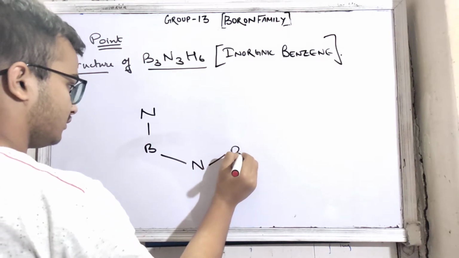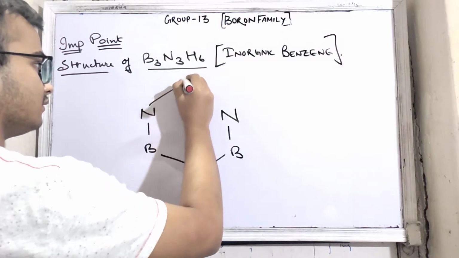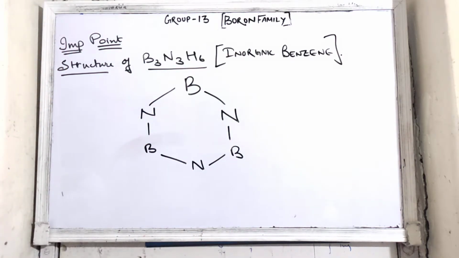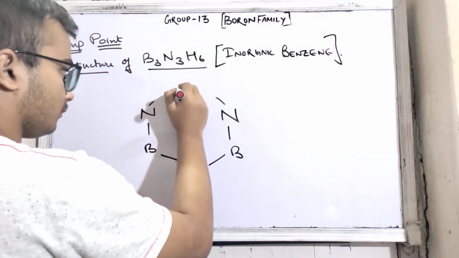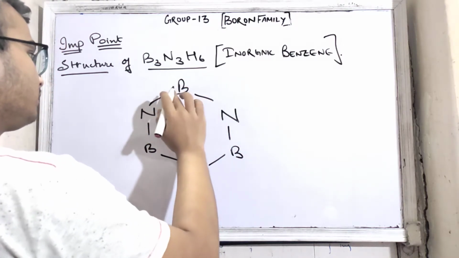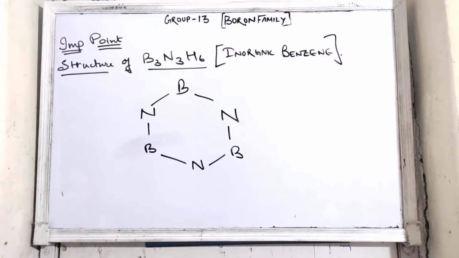Alternately, here will be N and here will be B, right? Here will be B.